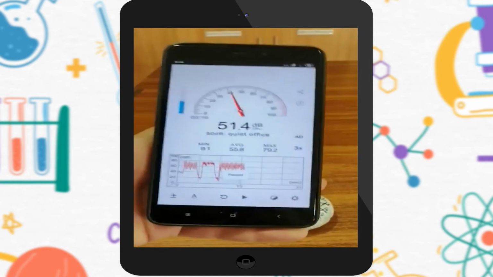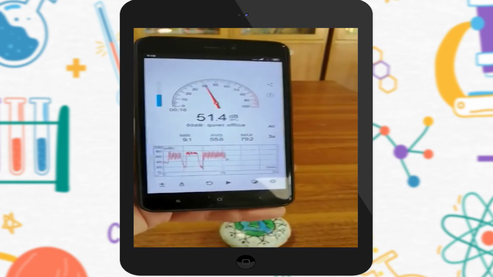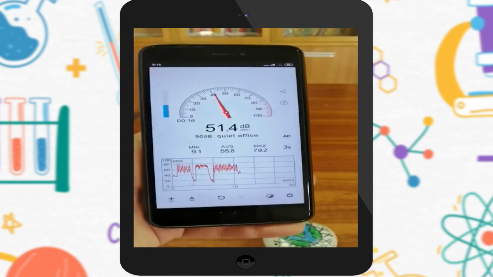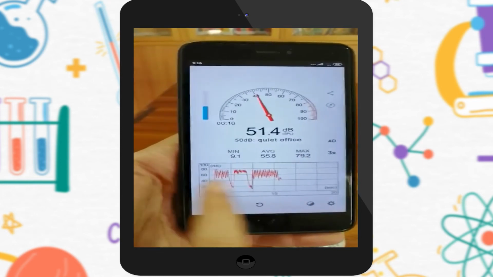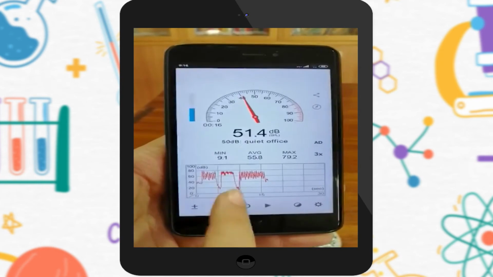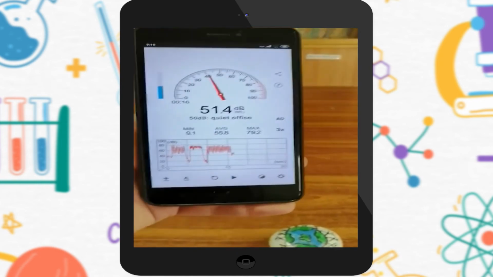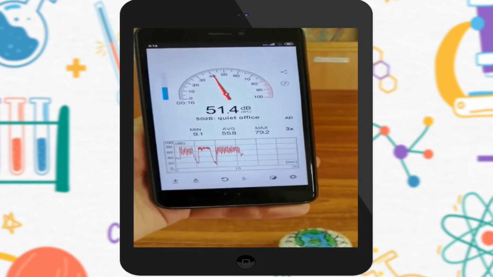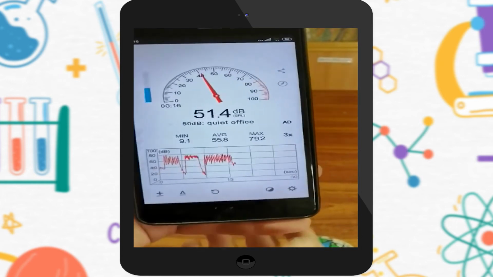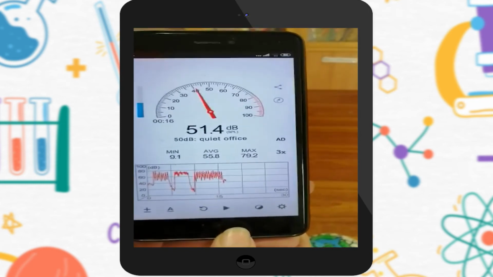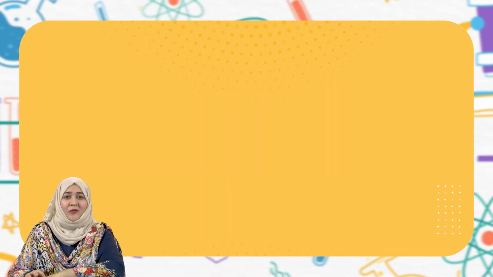Okay children, now you can see that the reading when I was hitting the stone got as high as 76, and the graph that is showing over here is pretty much of the same pattern in which I was hitting the stone on the table. So this is how we measure sound using a sound level meter. Okay, I hope this was a helpful experiment.